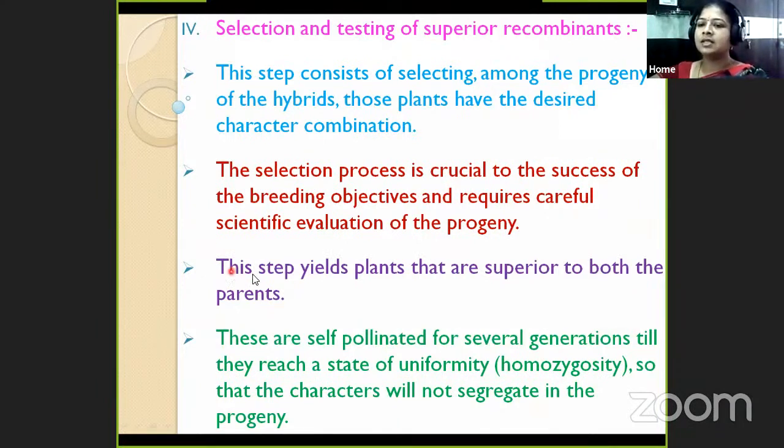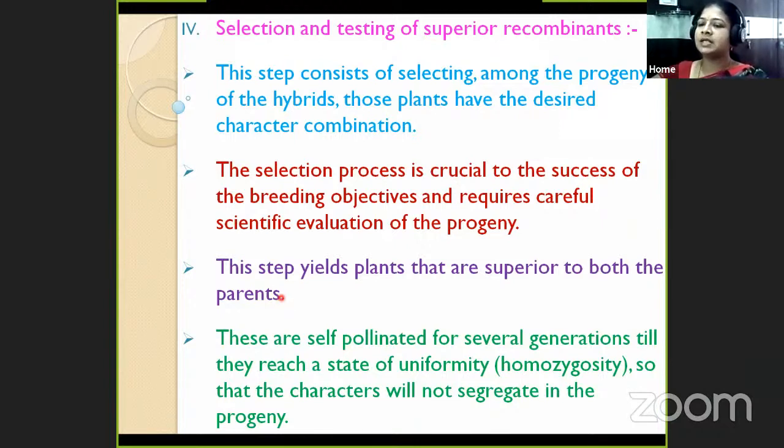Next, this step yields plants that are superior to both the parents. In this step, the breeder has to find the hybrid plants that are superior to their parental plants, because the two parents each have desirable characters.